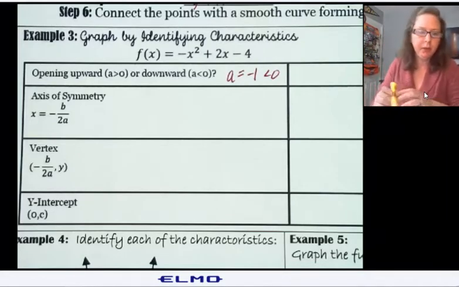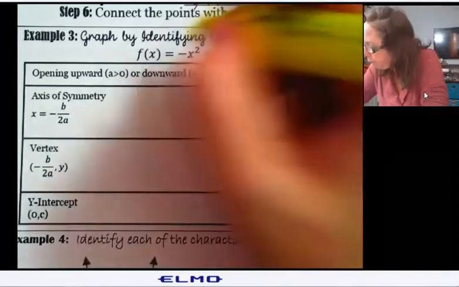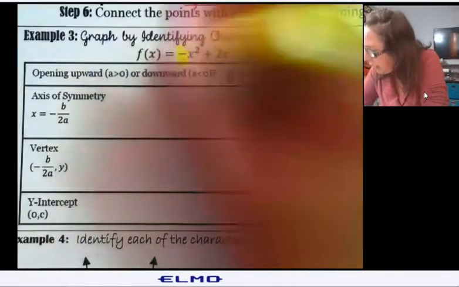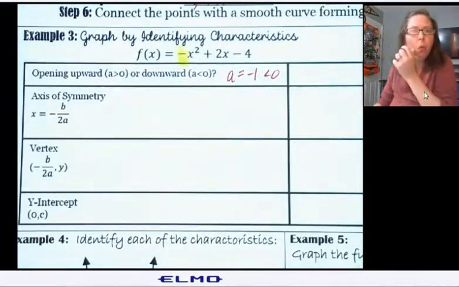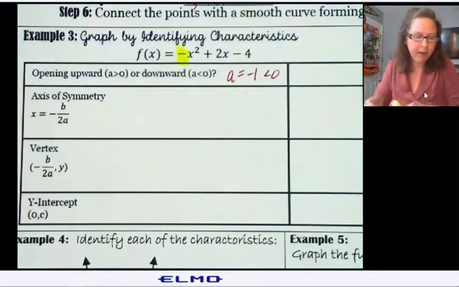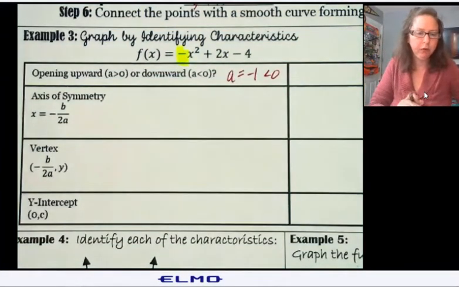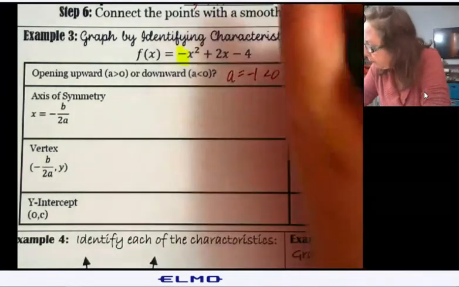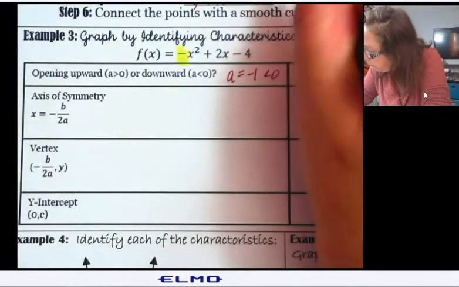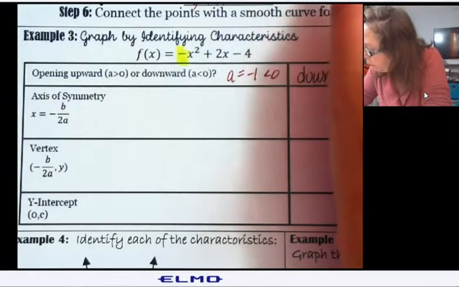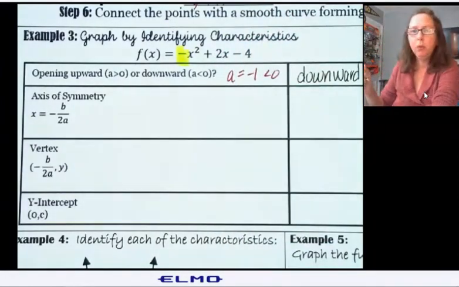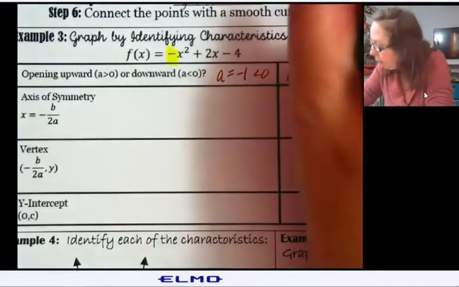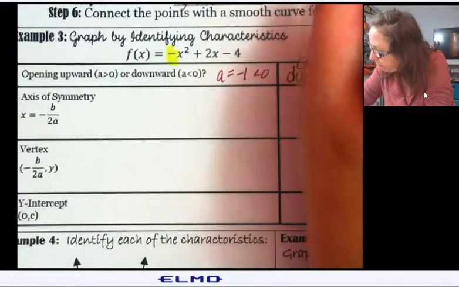I need to take a look at my A value. So A is a negative 1, which means that this is going to open downward. When it opens downward, it has a maximum value. Okay?